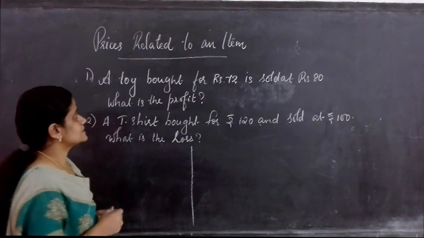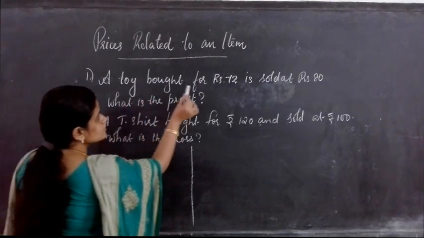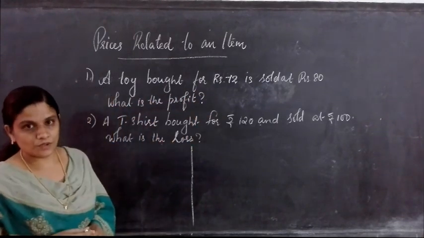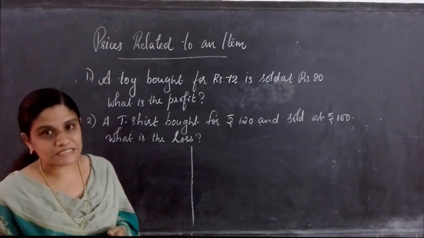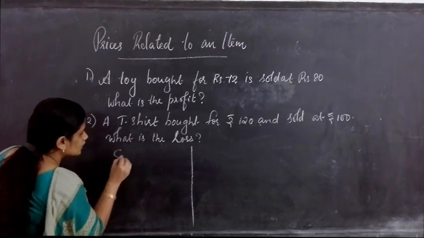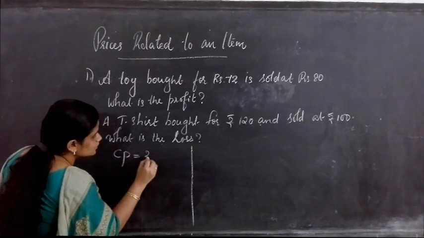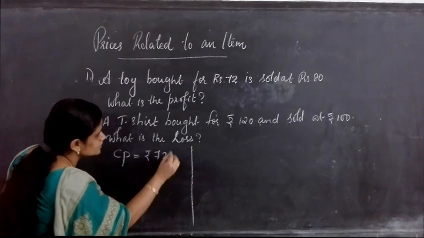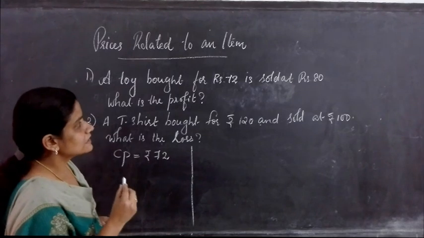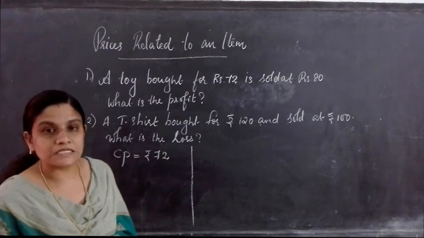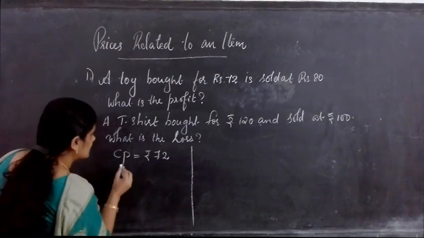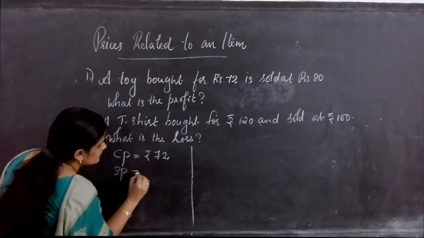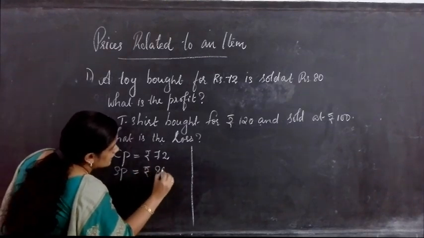The buying price here is rupees 72, therefore the cost price is equal to rupees 72. And it is sold at rupees 80. Sold means the selling price, so the selling price is equal to rupees 80.